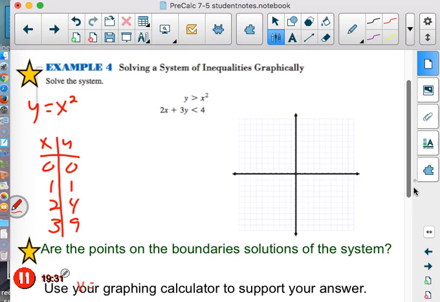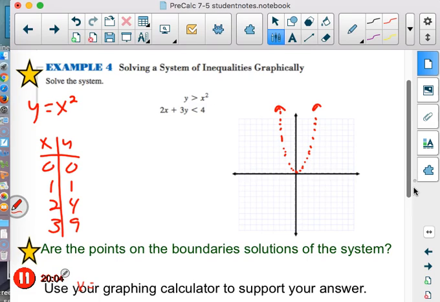There's no h, k on this one. Dashed or solid? This one's dashed. Don't get an equals bar. Dashed or dotted, whatever you need to do. We're not done with that one.